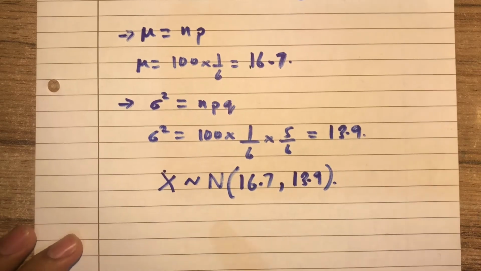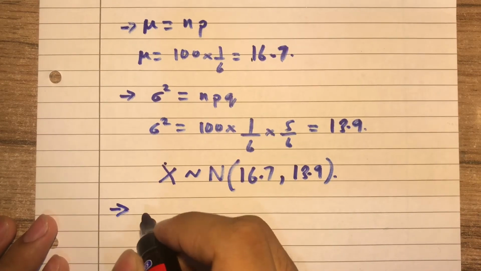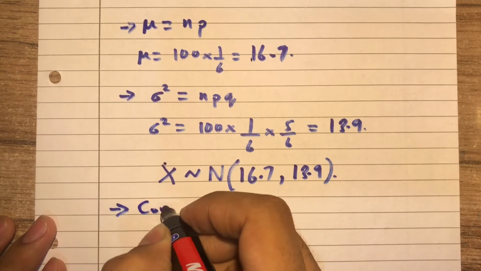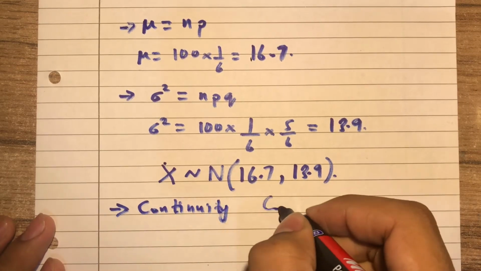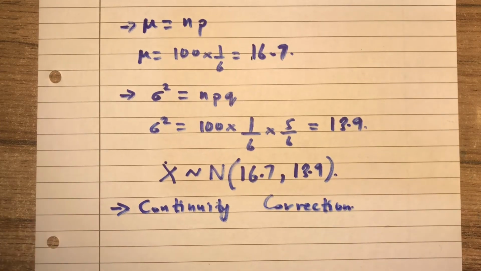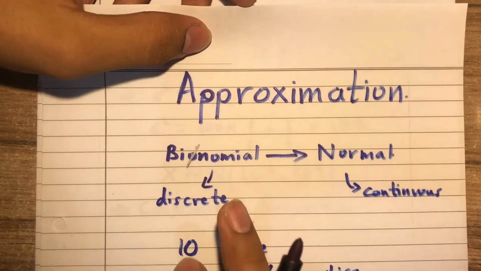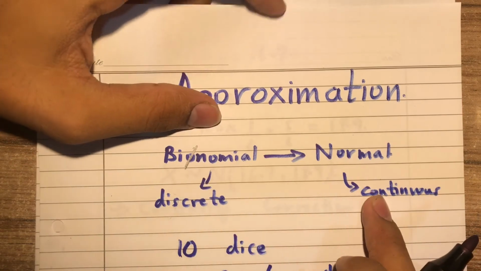Now one more concept that is included in approximation to normal is continuity correction. Why do we have to perform continuity correction? Because, as we did earlier, binomial distribution has discrete data whereas normal has continuous data, right?